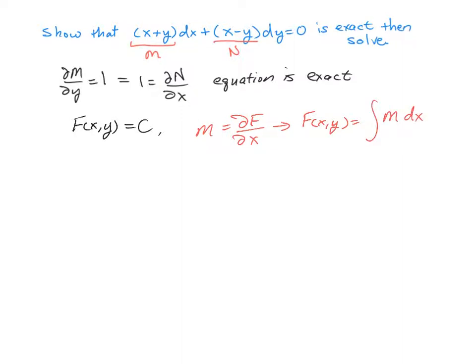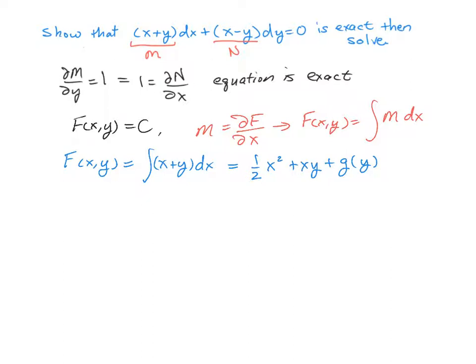So when we do this, we're going to have our F of x comma y is equal to the integral of x plus y with respect to x. And when we integrate this, we're going to have 1/2 x squared plus x times y plus some unknown function of y that could have been lost in the partial derivative process. So again, this is our capital F of x, y.